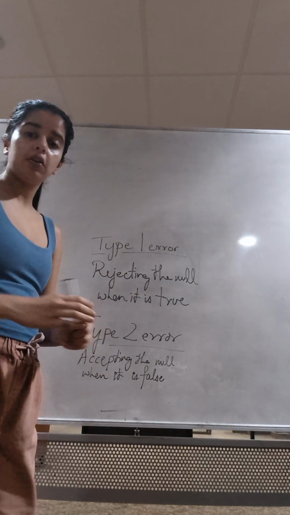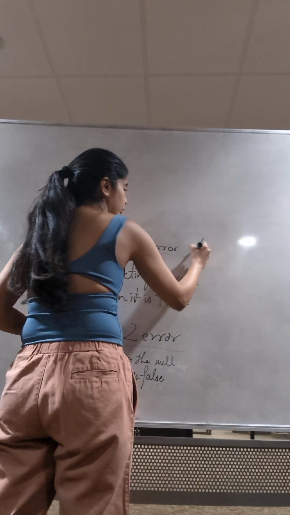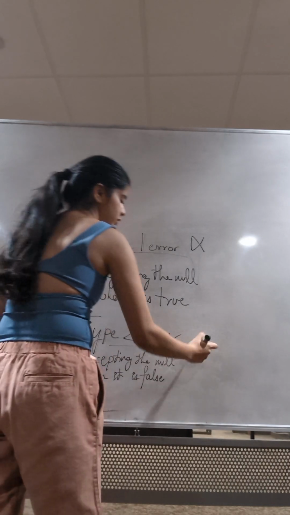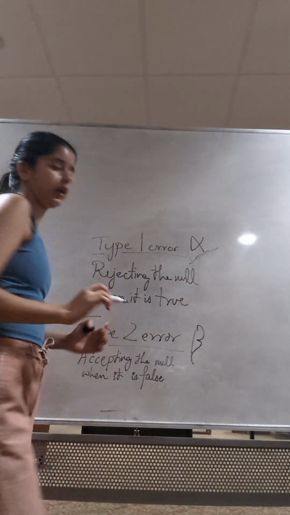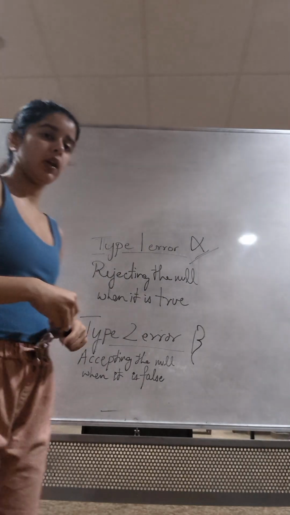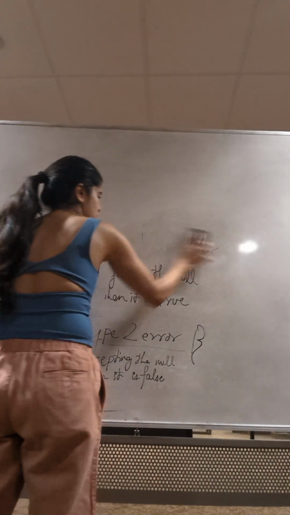Type 1 error is linked to your alpha value. Type 2 error is linked to your beta value. And we'll go deeper into the alpha value, okay? So let's talk about this. This is an important concept.